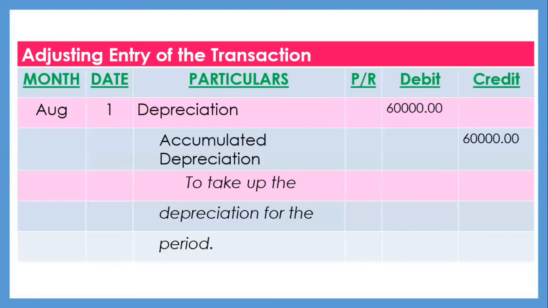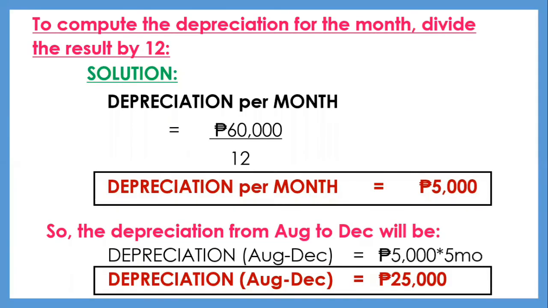And next, we are actually not done yet. We need to compute the depreciation for the month, so divide the result by 12. Since our annual depreciation as computed in the previous slide is 60,000 pesos, we need to divide it by 12 months.